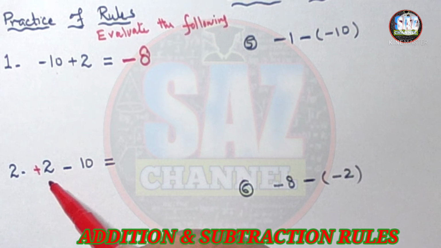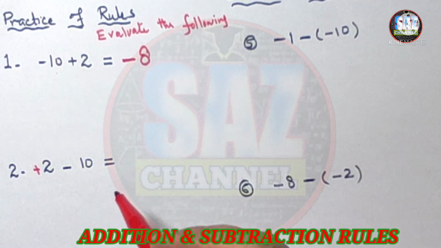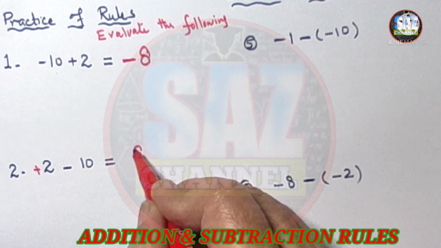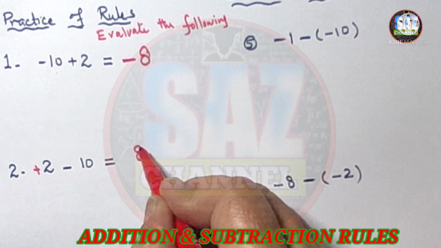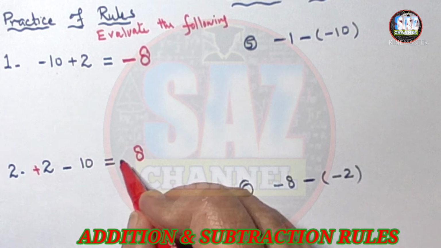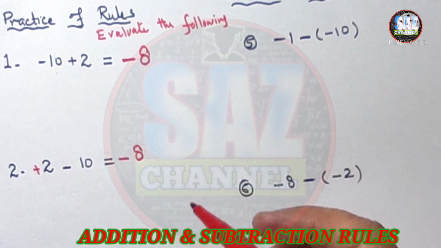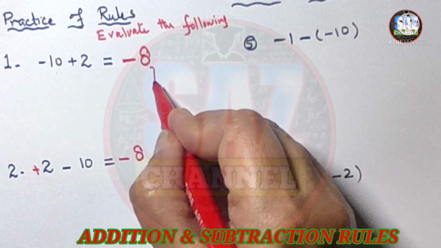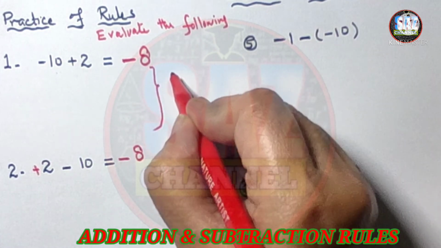The rule will remain the same, that we have to subtract the smaller number from the larger number, and the answer comes 8. And again I have to attach what sign? Sign of the bigger term, minus. So this is the application of what? Opposite signs.